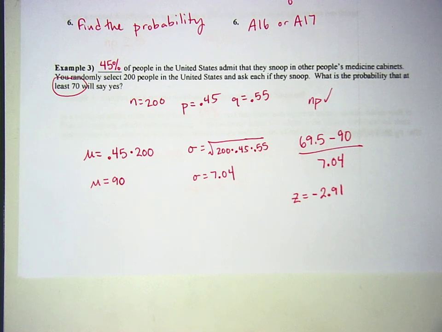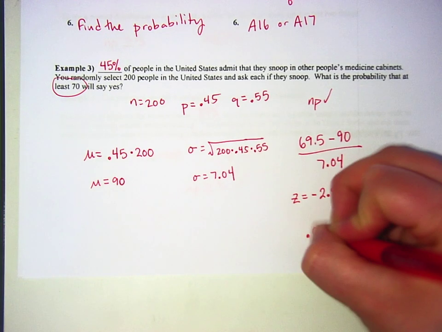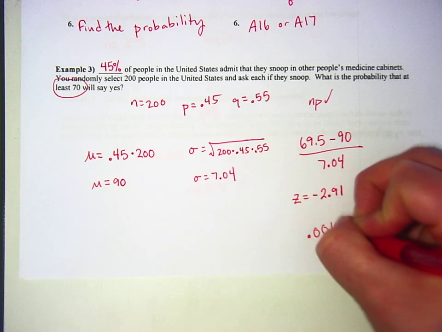Okay, negative 2.91 is .0018. So is that the answer? No.